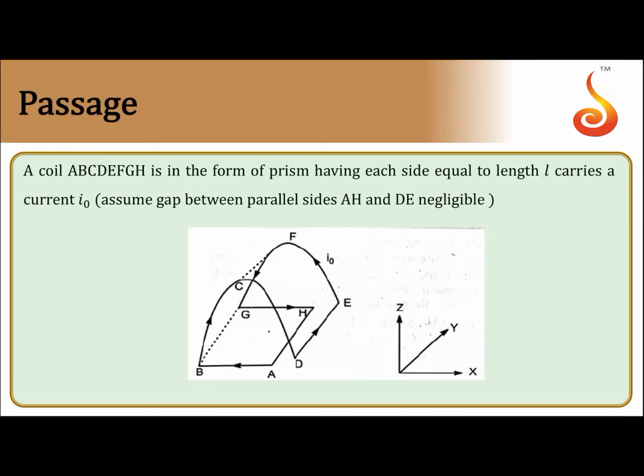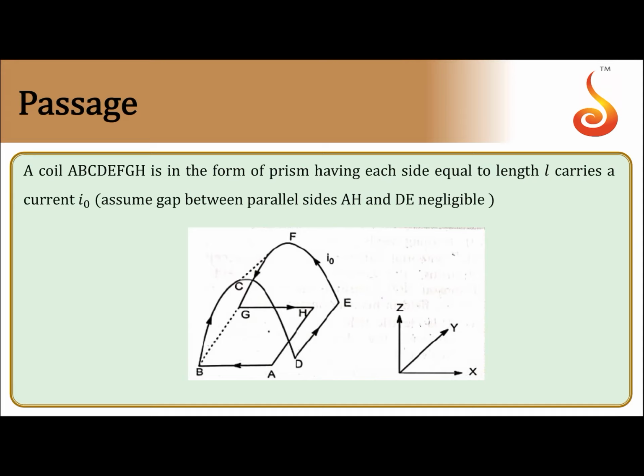Now this is a passage. This says that a coil A, B, C, D, E, F, G, H. Assume the gap between the sides AH and DE is negligible.